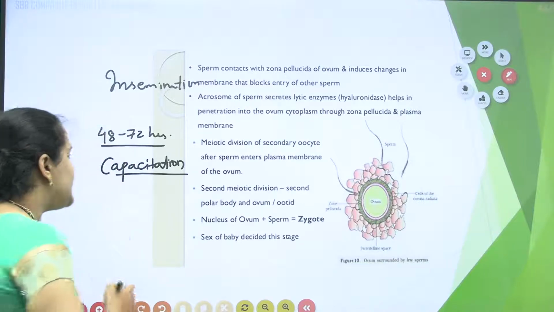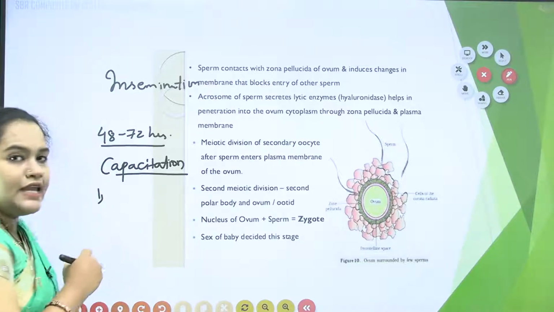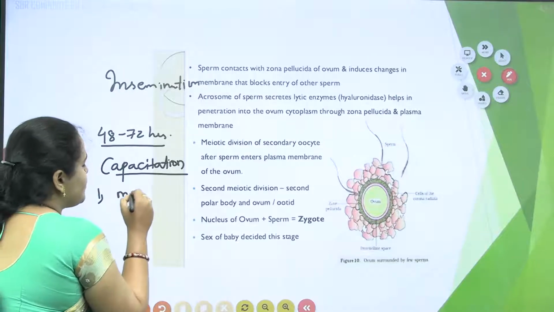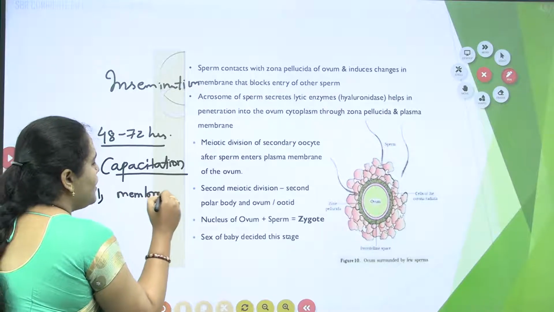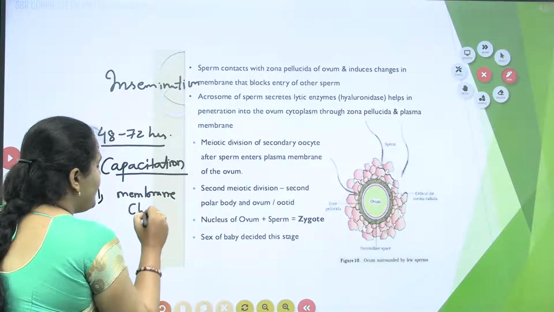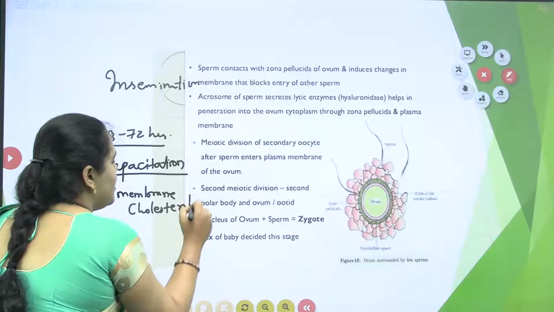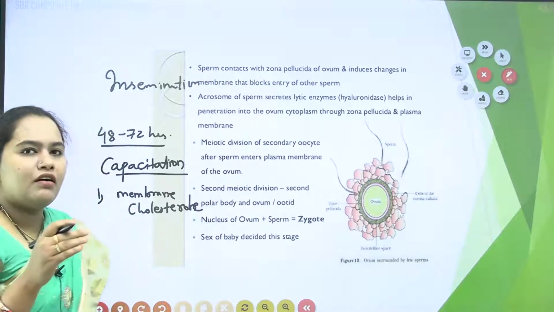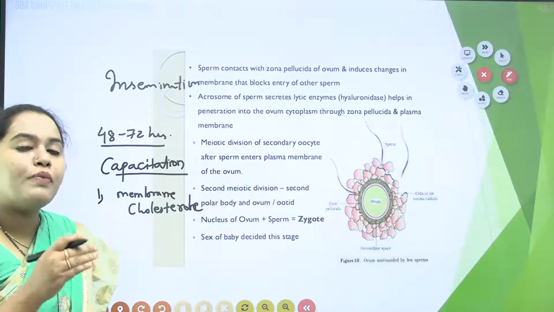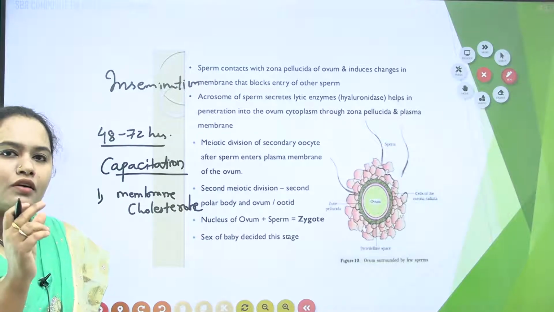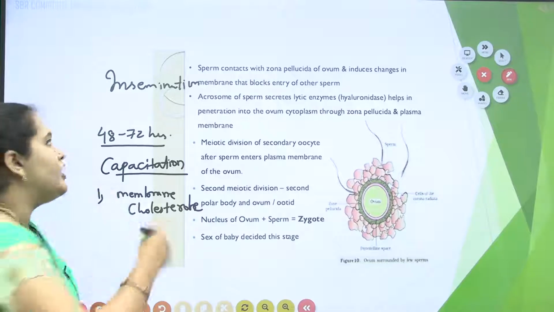The first step in capacitation is the dissolving of the membrane cholesterol. Membrane cholesterol is a layer made up of cholesterol present above the acrosome. The acrosome is the part of the sperm present above the head.